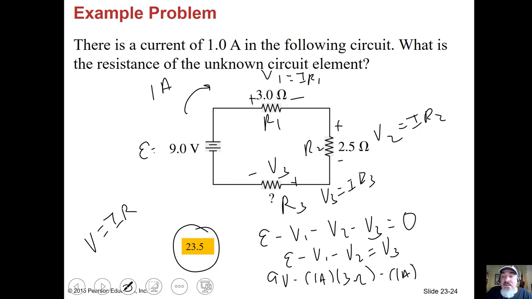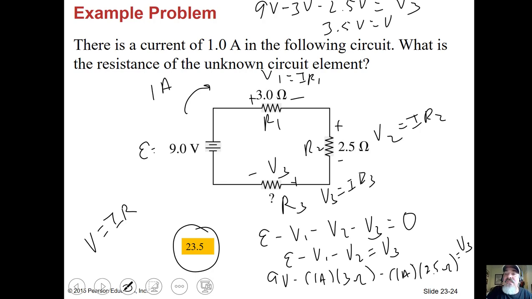So this would be 1 amp and then 2.5 ohms. That's equal to V3. I'm running out of room here on the slide, but basically we have 9 minus 3 minus 2.5. I'll write this at the top. 9 minus 3 minus 2.5, that's equal to V3. So 9 minus 5.5, it looks like 3.5, right? So 6, 5, 4, 3.5, yeah.